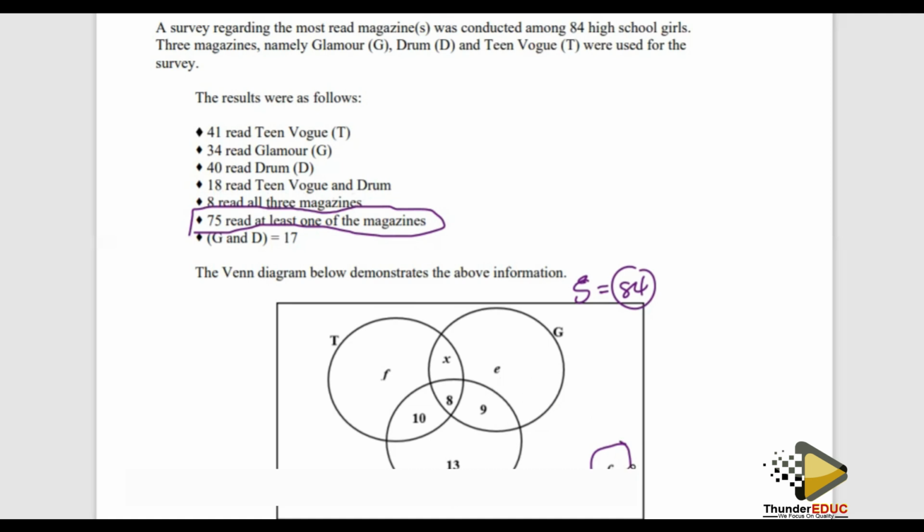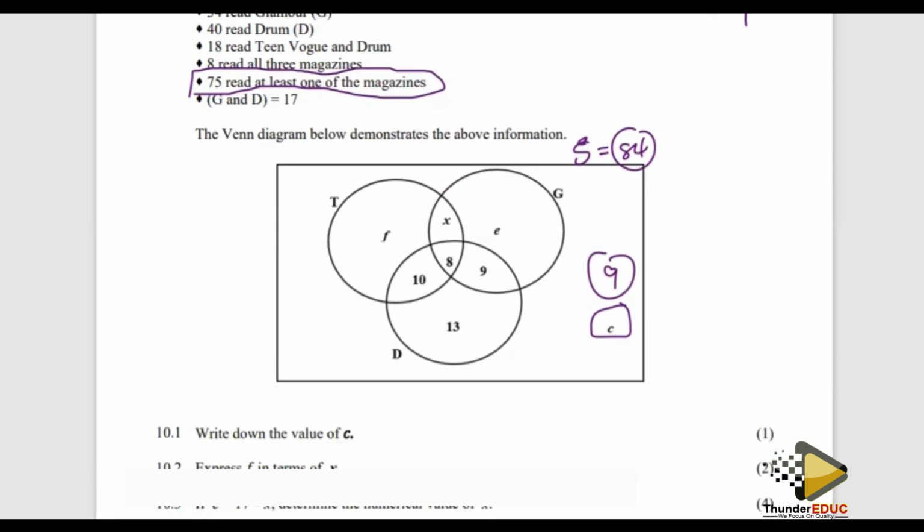So C represents people that don't read at all. So for us to get C, just get 84 minus 75. I'm getting a 9. So which means 9 people do not take part in any sort of reading. Probably they love watching stuff.